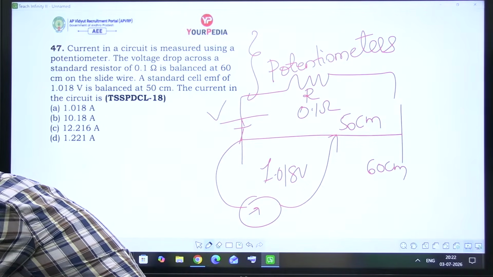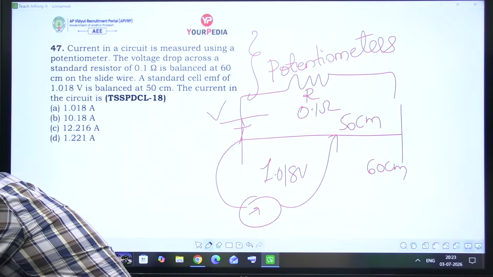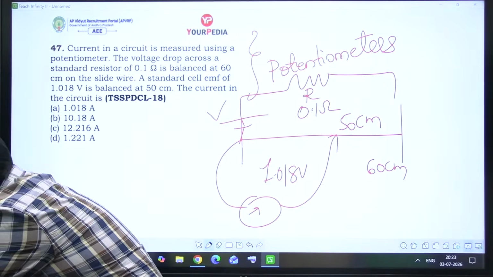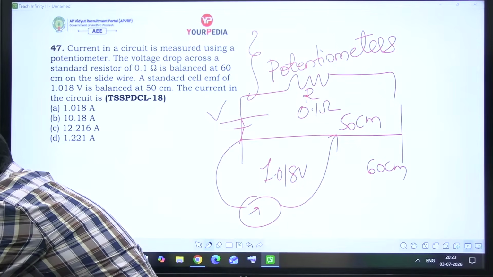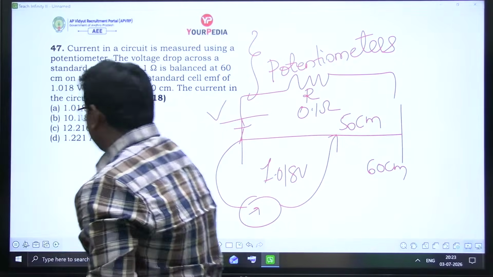All of you are telling C. Yes, everyone got the C. Yes, so C is correct.